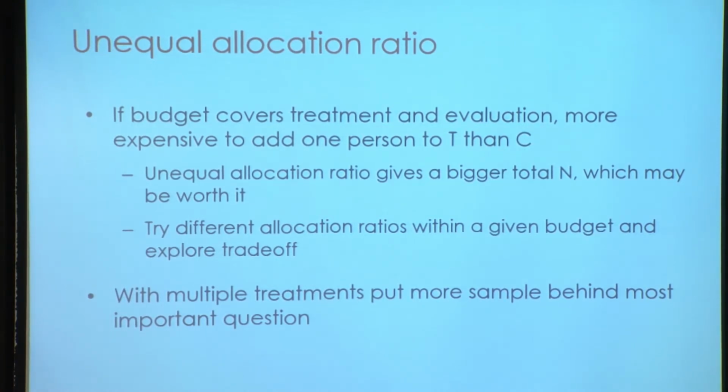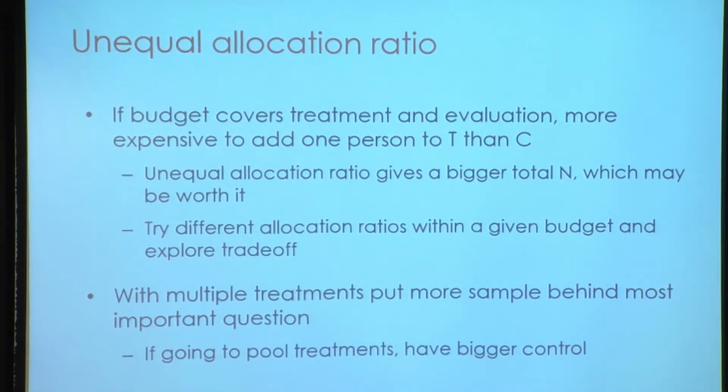The other tip is to put your money behind your most important question. When you've got multiple treatments, put more sample in the question that you care most about. If you're going to pool treatments, then make sure you have a nice big control.